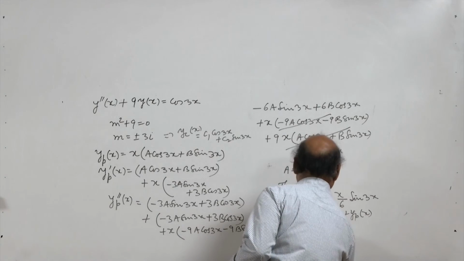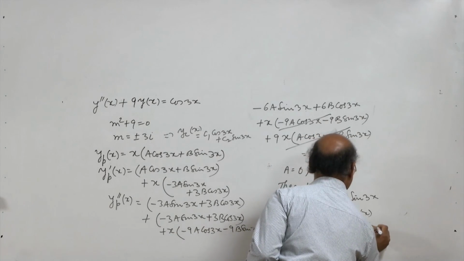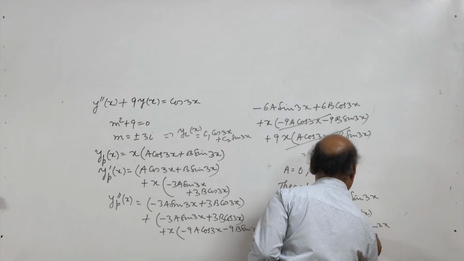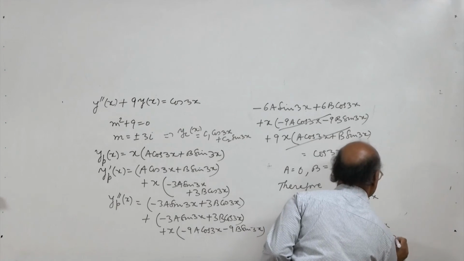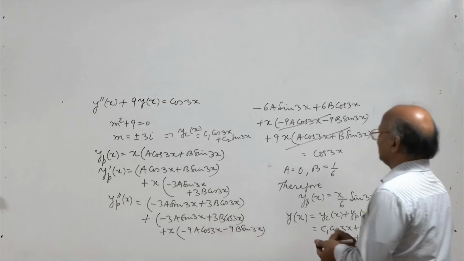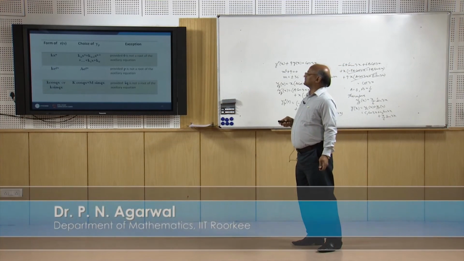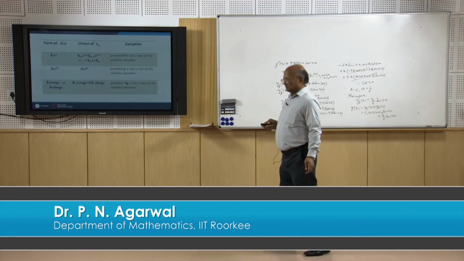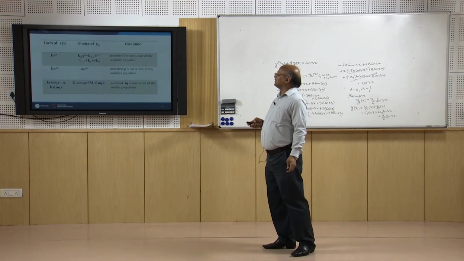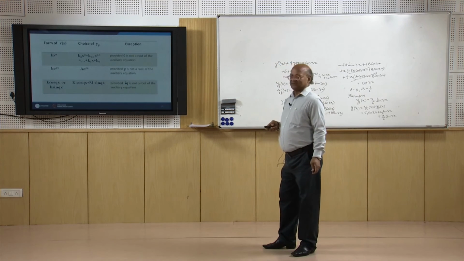So this will be c1 cos 3x + c2 sin 3x + (x/6) sin 3x. So this is how we shall solve this equation. Now in my next lecture we shall discuss the general method for obtaining the general solution of second order non-homogeneous linear differential equation. Thank you.